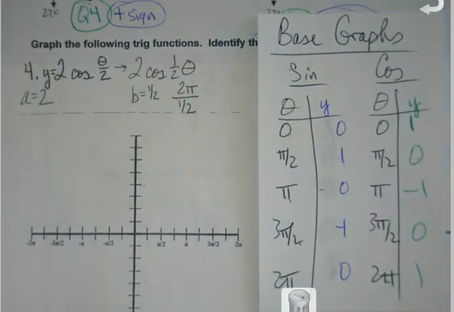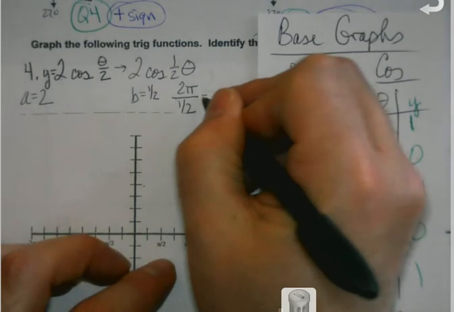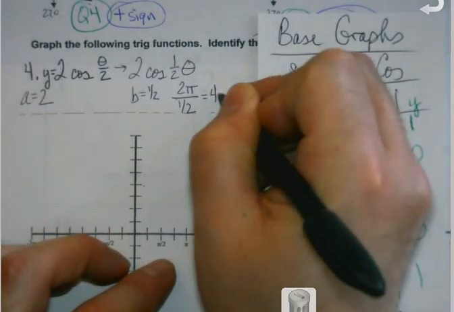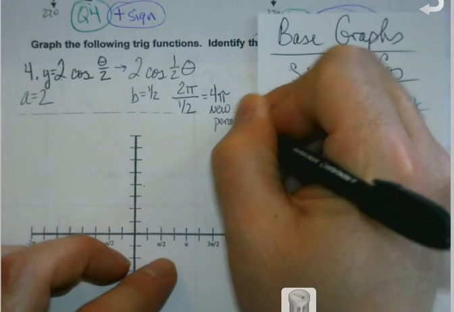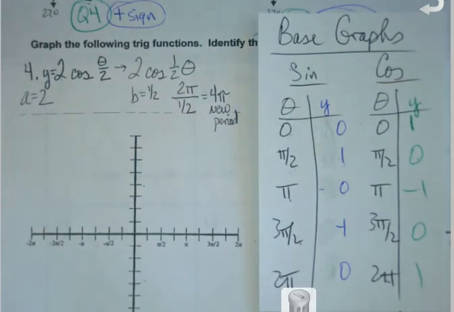Now remind yourselves, if you divide by a fraction, the value gets bigger. 2 divided by 1/2 is 4. So my new period is going to be 4 pi.